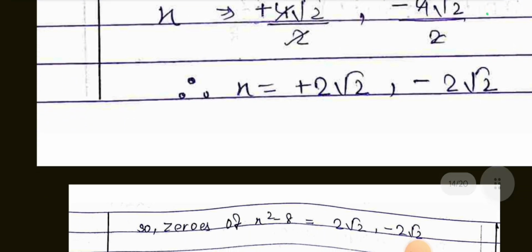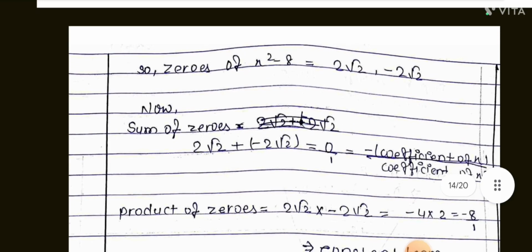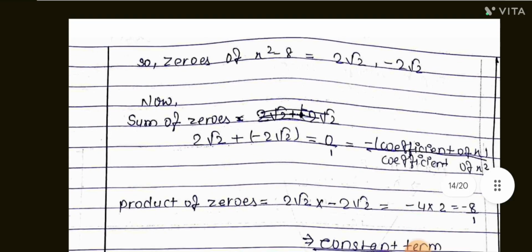Now we need to verify the relationship with the coefficients. The zeros of x square minus 8 are 2 root 2 and minus 2 root 2, and the required polynomial is x square plus 0 into x minus 8.